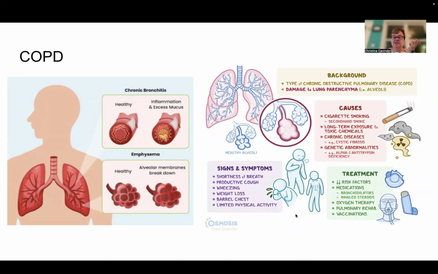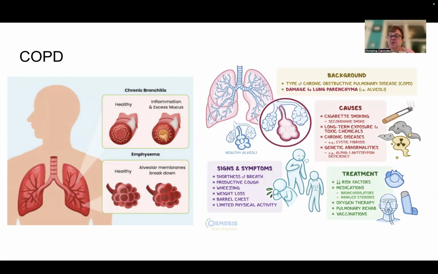Again, some of the signs and symptoms: shortness of breath because you can't get the air in or out, productive cough, wheezing, weight loss because you're using so much energy to breathe. Your chest will become enlarged because of that increased muscle it takes to move the lungs, and limited physical activity because you just can't get the air in, that oxygen that you need for energy.